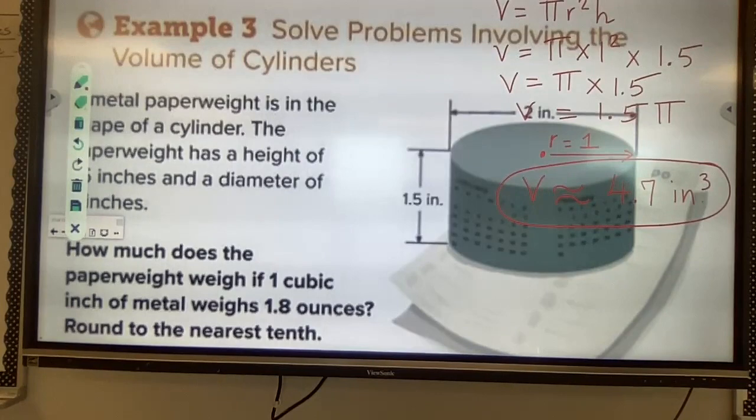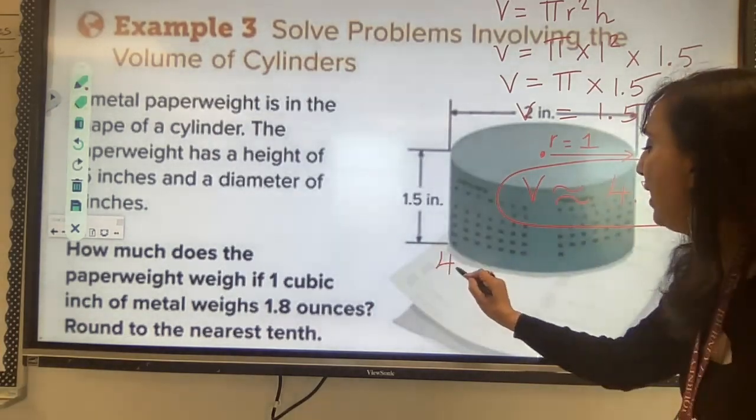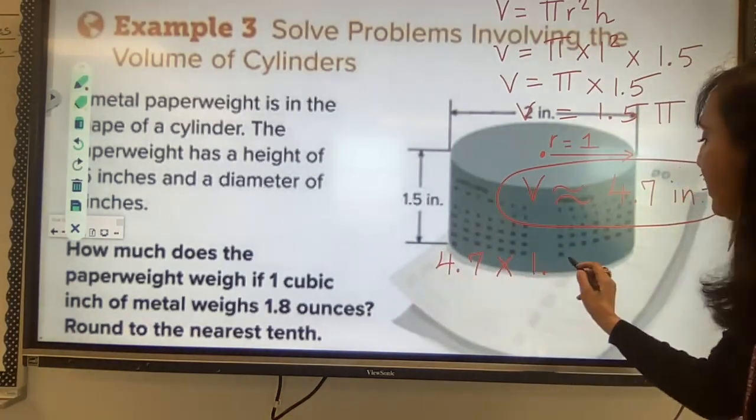Now, the second step is to use the volume to find the weight of the paperweight. And each cubic unit weighs 1 and 8/10 ounces. So how much would 4 and 7/10 cubic inches weigh? So I would do 4 and 7/10 times 1 and 8/10.